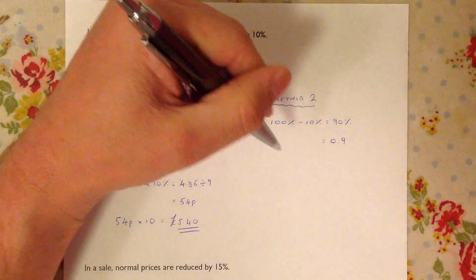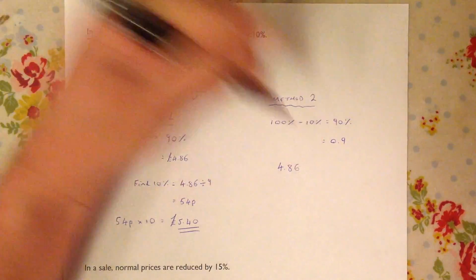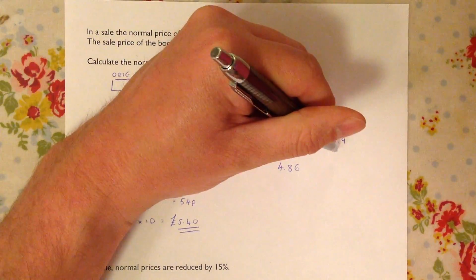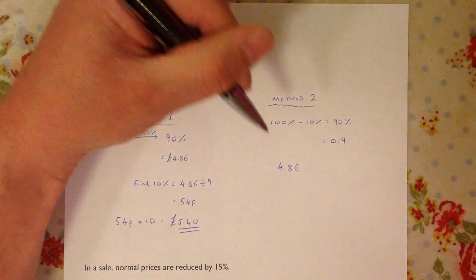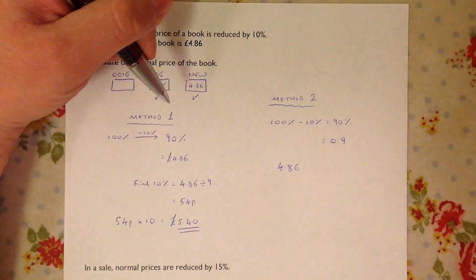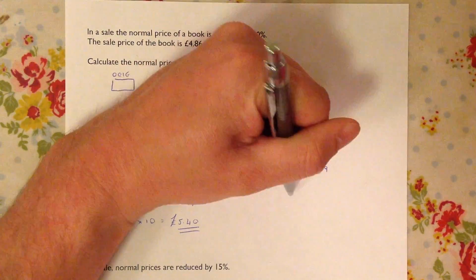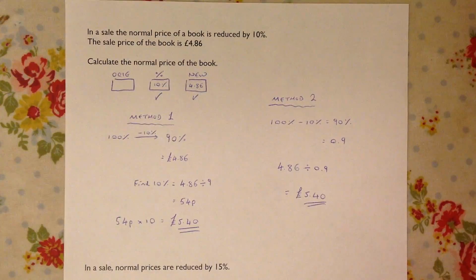If you remember last time, we started with the cost, and in this example it's £4.86, and we multiplied by this decimal to move forward to the sale price. So think logically, if you're going to go backwards, in maths we do the inverse, so we're going to divide by 0.9, and you'll find that that also gives us £5.40, which is the normal price of the book.